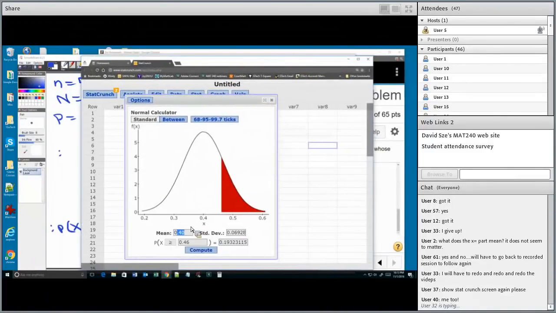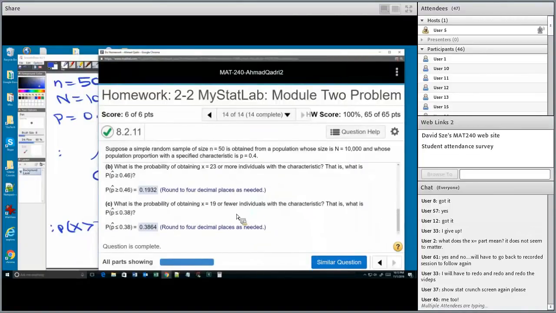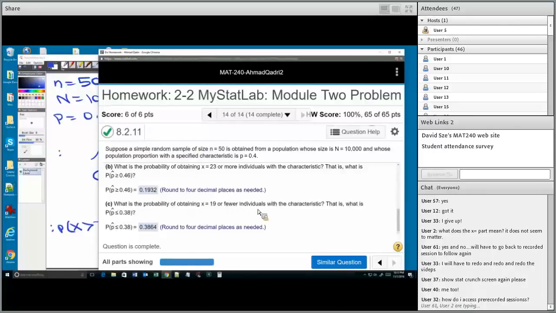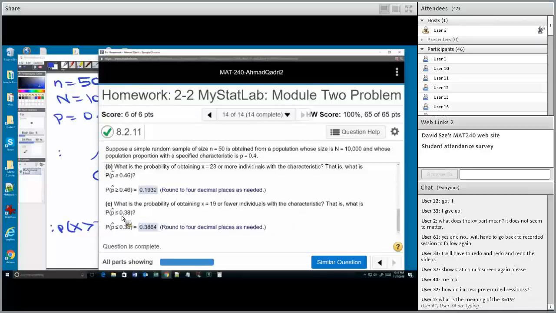Yes, so in StatCrunch, I said 0.40 is the mean, which is the original mean. Here's the transformed standard deviation that we calculated. And then the problem told you they want you to find P hat is greater than 0.46. Okay. Here's the answer. Now, similarly, the next problem says, what is the probability of obtaining 19 or fewer? 19 or fewer is the same as what is the probability that P hat is less than or equal to 0.38?